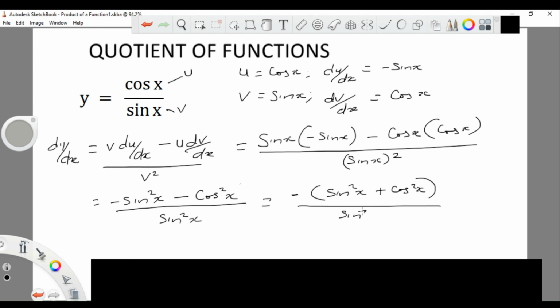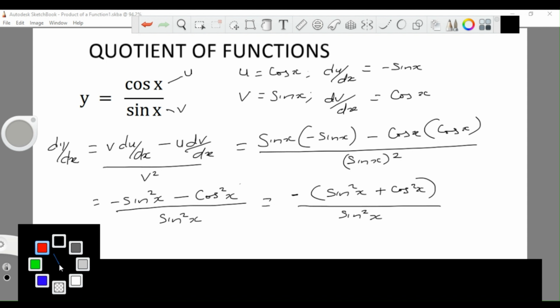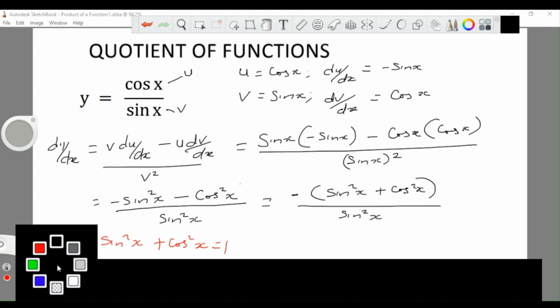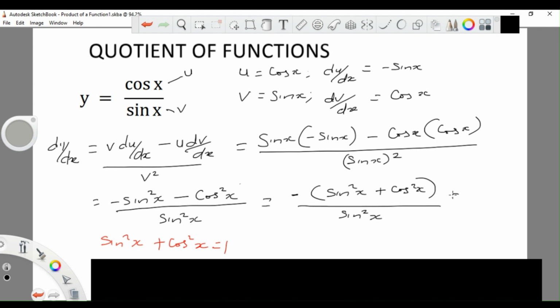Now, in your trigonometry, we are told that sine squared x plus cos squared x is equal to 1. So therefore, sine squared x plus cos squared x is 1.